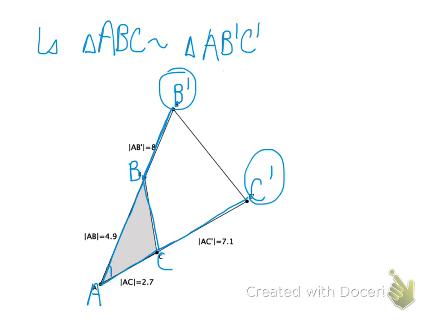Okay, so let's check. So these are the dilations, the primes. So we're going to check AB prime compared to AB. So the length of AB prime divided by the length of AB is going to give me the scale factor that was used to dilate that point.